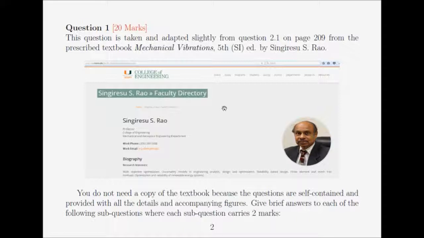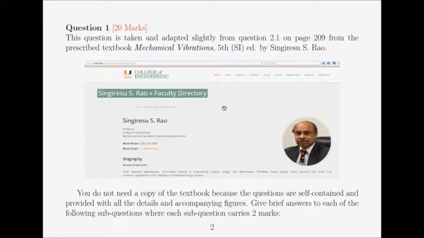You do not need to own a copy of the textbook for the assignment, because all of the questions are self-contained, and I posted copies of the questions in the tutorial letter and on the website as well. So let's get started.